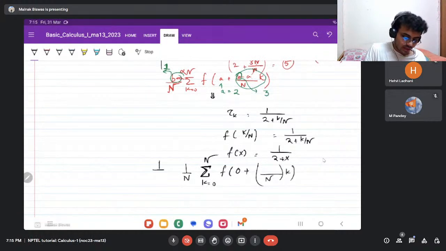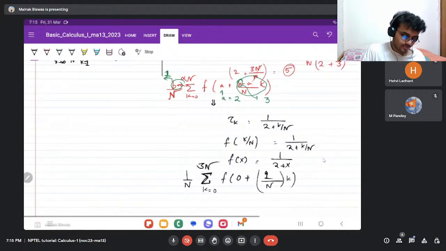And you can put divide by... sorry, what am I making a mistake here? b minus a, b is still 1, right? So it is 3n, 1 by n.